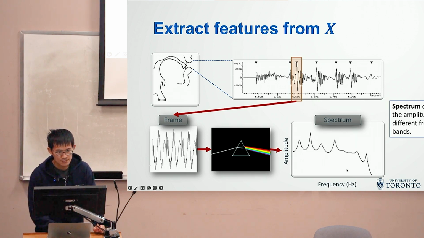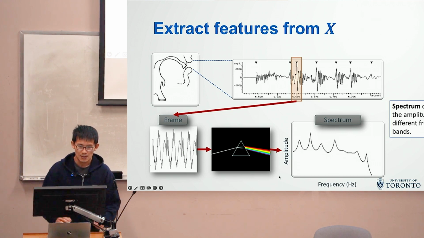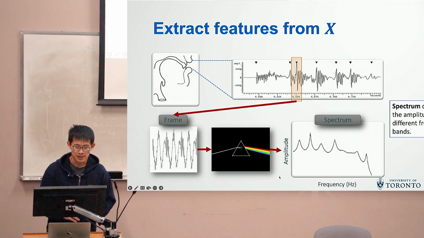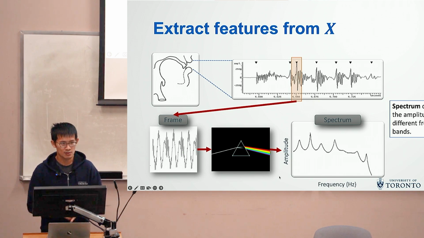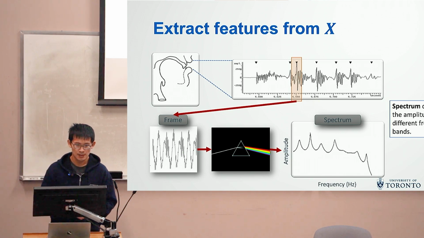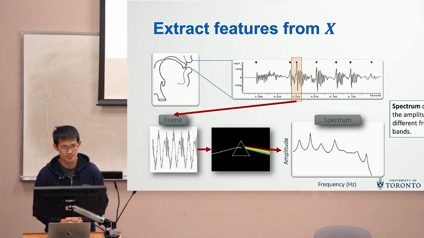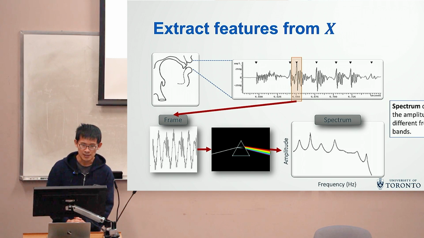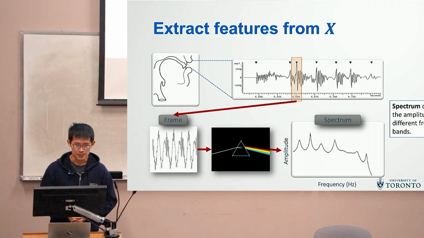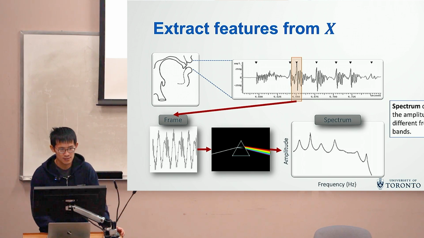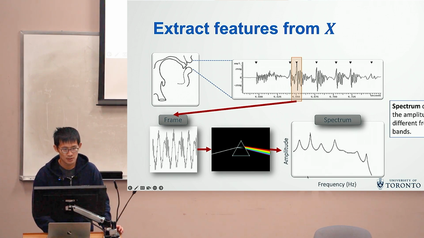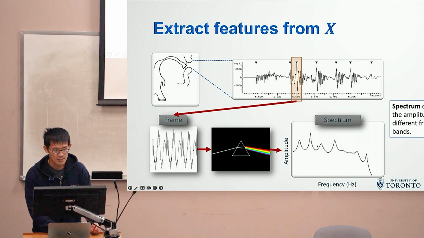In the spectrum, the x-axis is described in terms of frequency instead of time. So the spectrum captures the amplitude at different frequency bands. It essentially captures the energy in the oscillation. So if you look at the spectrum plot, you can infer how much energy this oscillation has at some particular frequency.